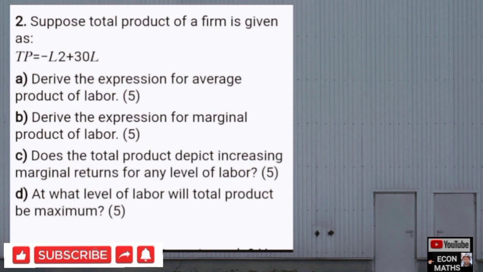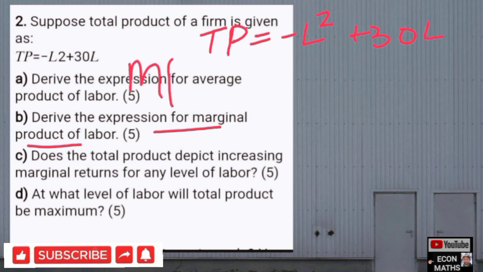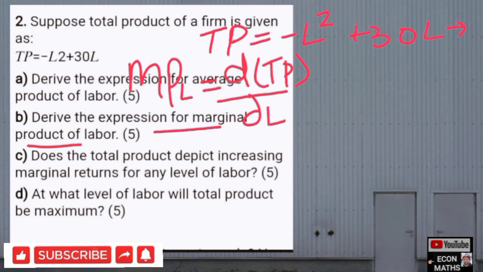Coming to the next part, that is derive the expression for marginal product of labor. So first we write total product again. Total product is given as minus L square plus 30L. Now marginal product of labor is simply the derivative of this total product with respect to L, that is dTP divided by dL.